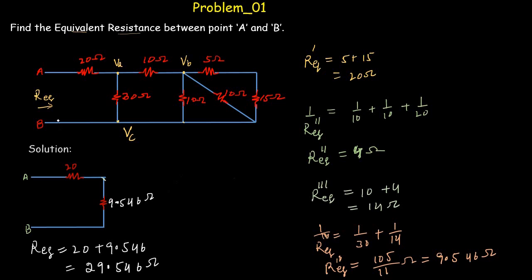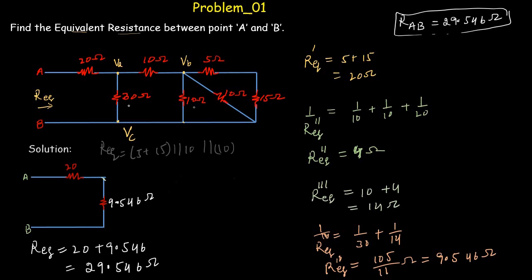So RAB, the equivalent resistance between these 2 points, is equal to 29.546 ohms. So this is the equivalent resistance of this whole network between point A and B.